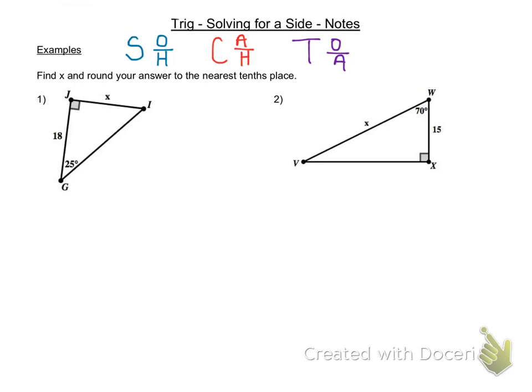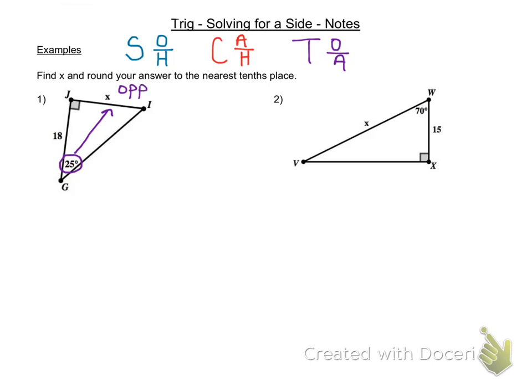So the directions state, find x and round your answer to the nearest tens place. First thing I'm going to do is label the sides that are given. From the 25 degrees, across from the 25 degrees, we have x, which is our opposite.